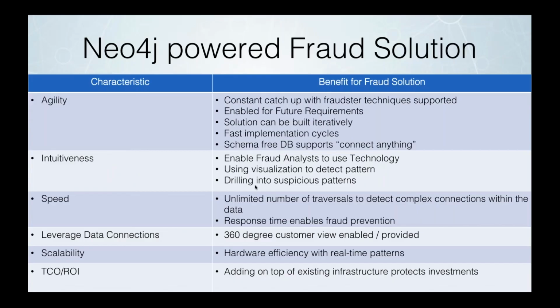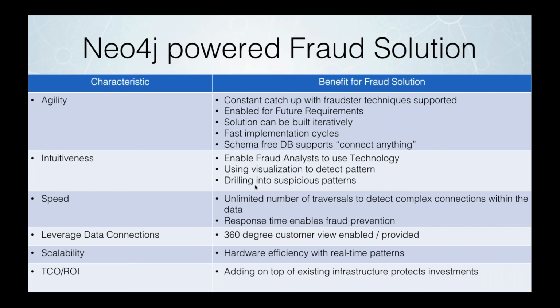So if we summarize the characteristics of a Neo4j-powered fraud solution, we can conclude that this adds value by providing agility: you can constantly catch up with fraudster activities and you are enabled for future requirements. Intuitiveness: fraud analysts are enabled to use the technology and can use visualization techniques to detect patterns.